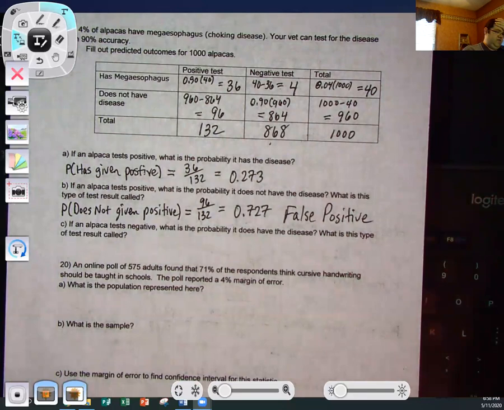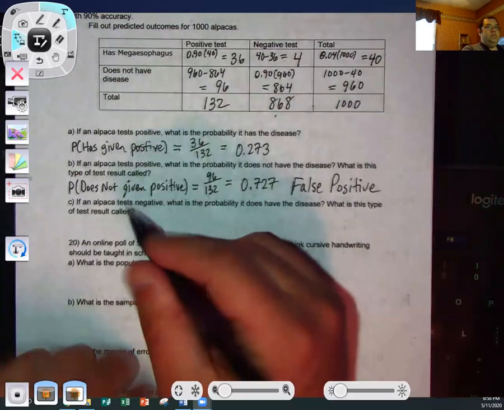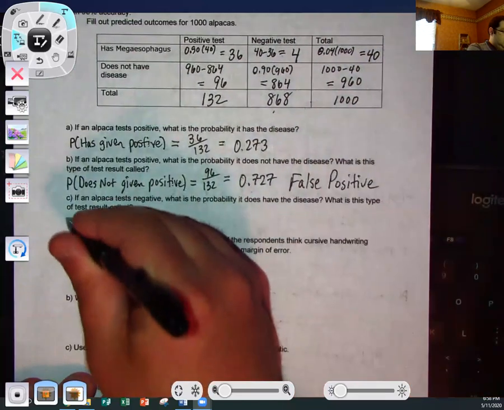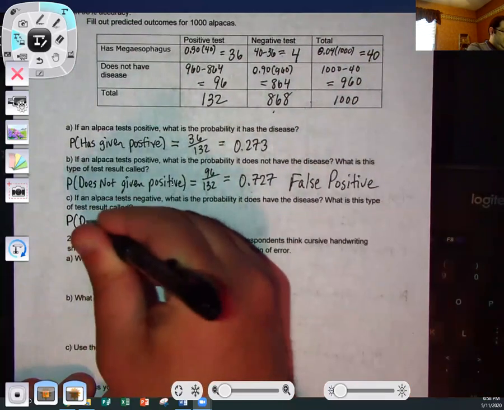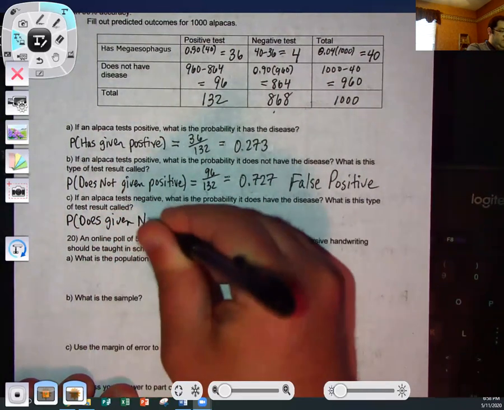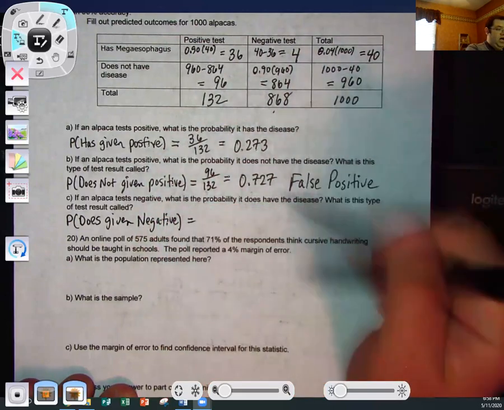So part C, if an alpaca tests negative, what is the probability it does not have the disease? What is this type of test result called? Okay. So test negative and does. So we're going to find the probability that it does given a negative. That means we're only going to be in the negative column.